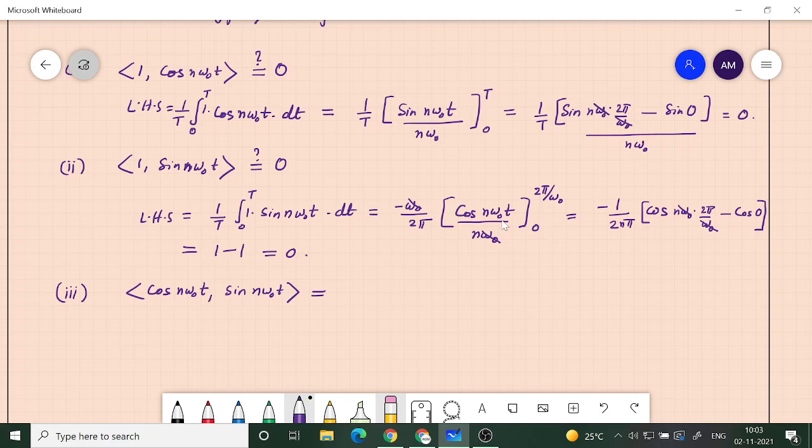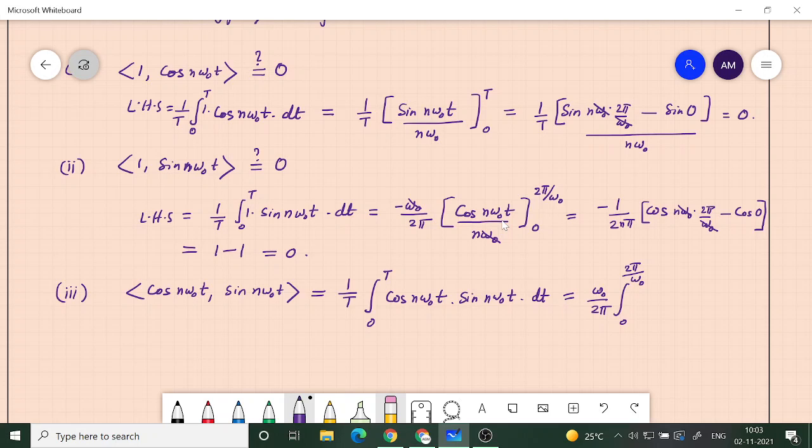What is going to happen? This is equal to 1 by T integral 0 to T, first function, that is cos n omega 0 t, conjugate of the second function. There is nothing to take conjugate because this is a real valued function. So that is sin n omega 0 t dt. Again I can write this as omega naught by 2 pi integral 0 to 2 pi by omega naught.